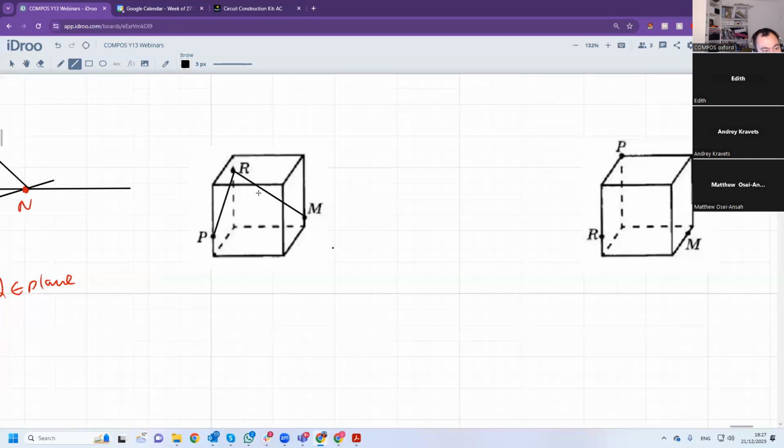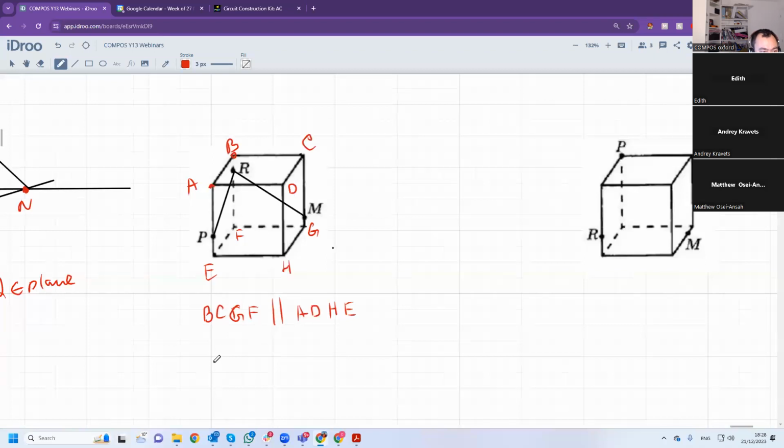You can see the back side, let's label it properly: A, B, C, D, E, F, G, H. The plane BCGF is parallel to the plane ADHE.